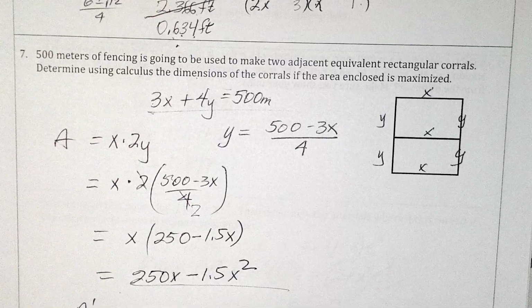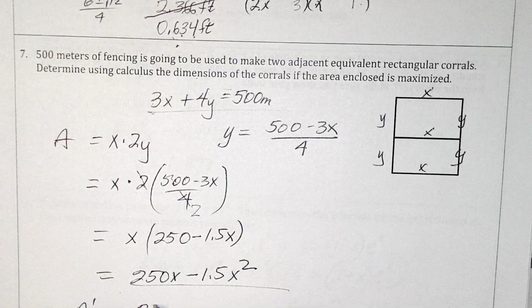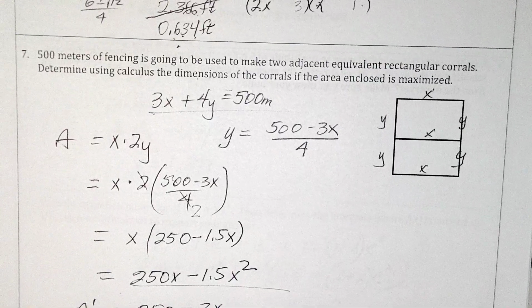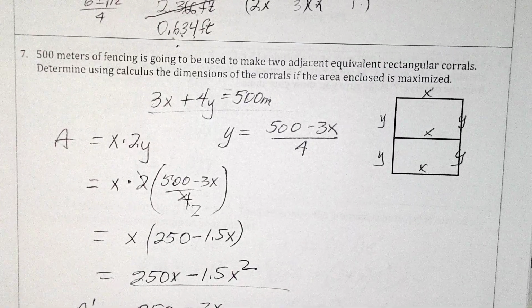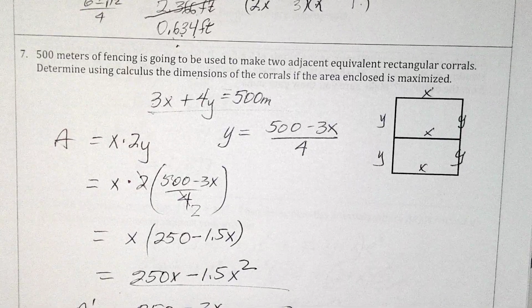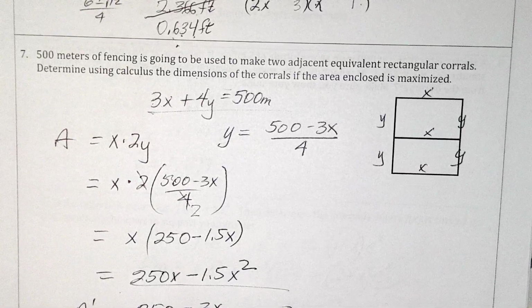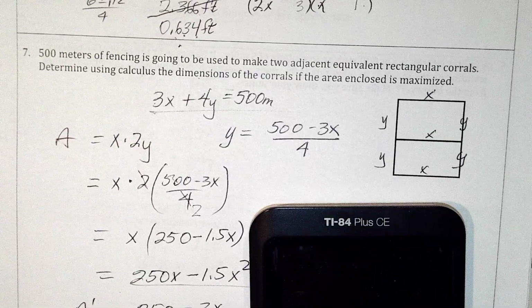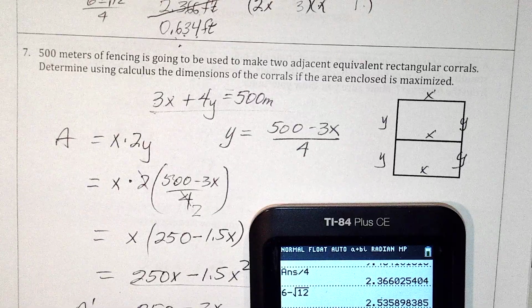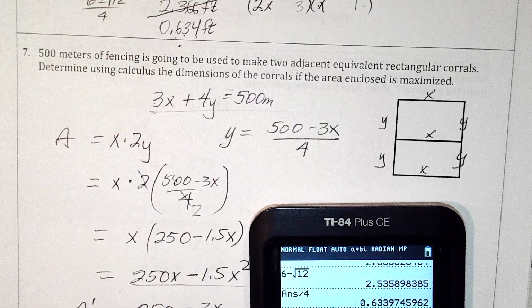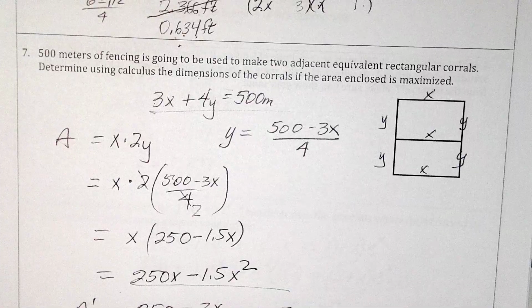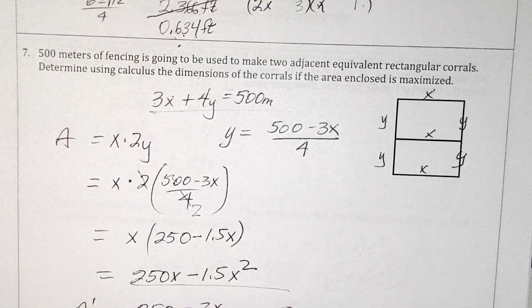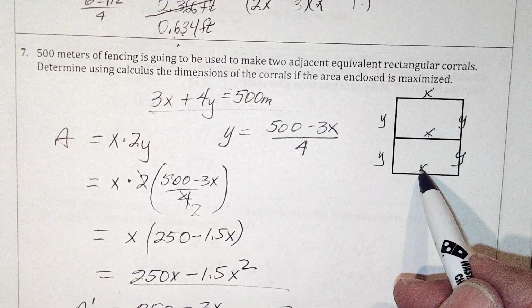So the derivative is 250 minus 3x. If I set that equal to 0, x is going to equal 250 divided by 3, which is 83 1/3 meters for x.